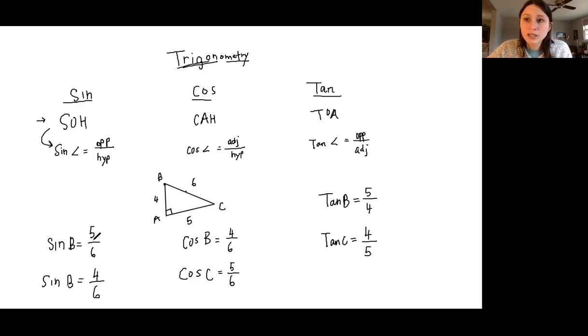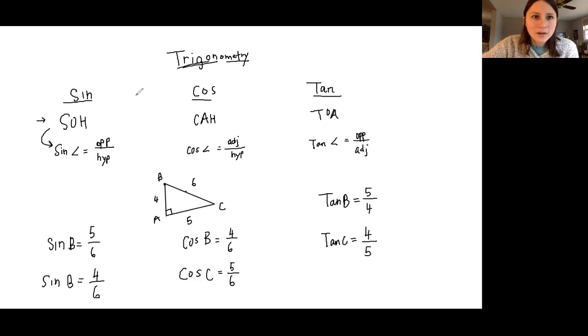So really that is the reason we are learning these trig functions, is because there are times when maybe you can't do the Pythagorean theorem, or you don't have a special right triangle to work with, and you're given some information, but not enough that you can use those other formats that we've learned in the past to solve for your missing sides or your missing angles. So we can now use a new format to find that.